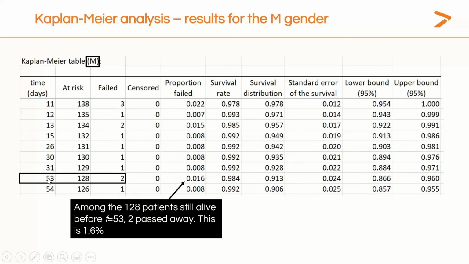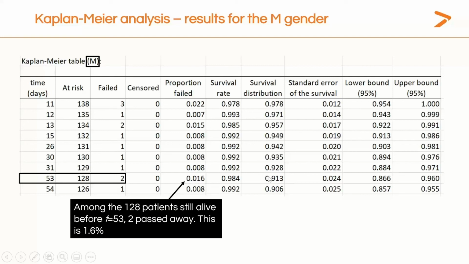At time equals 53, we had 128 surviving patients, among which 2 passed away. So we had 128 patients who were still alive before t equals 53, and 2 passed away at t equals 53. And this is 1.6%, so 2 divided by 128.